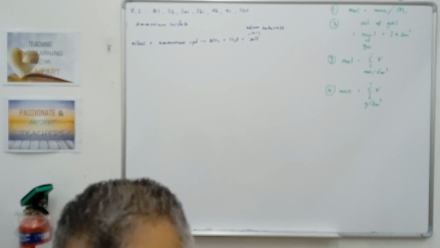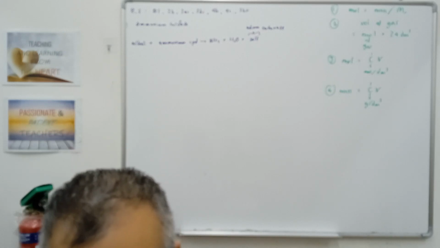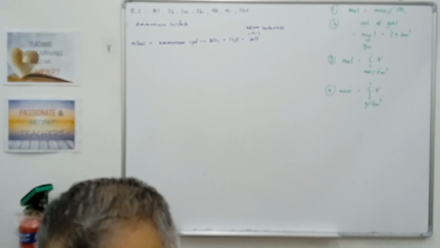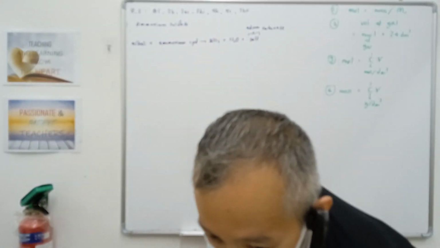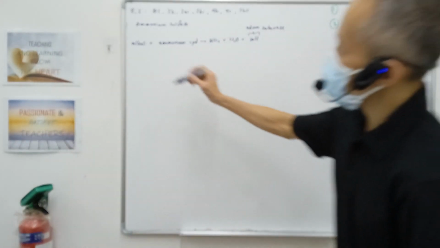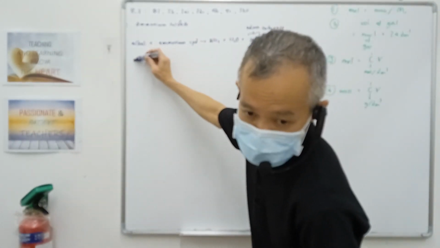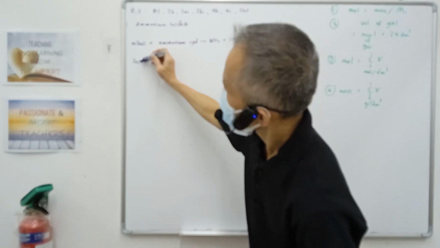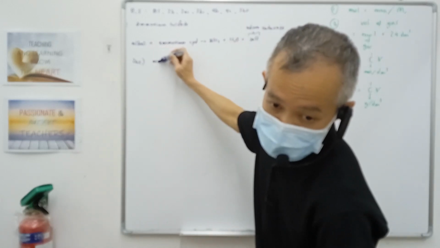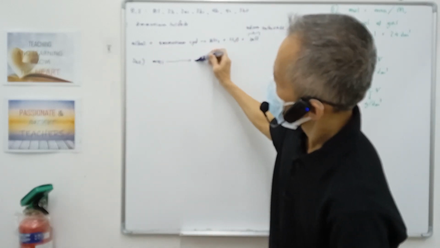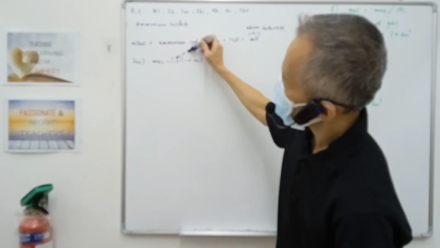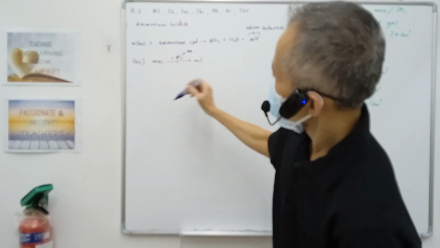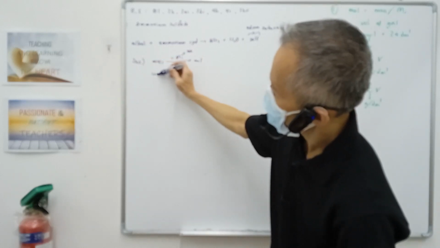So the correct answer for 2A part 2 is 0.25 mole per dm cube. Okay, so without doing out everything, 2A part 2 basically convert mass to mole, divide by MR. As I said, MR should be 106. So once you have that, calculate concentration.